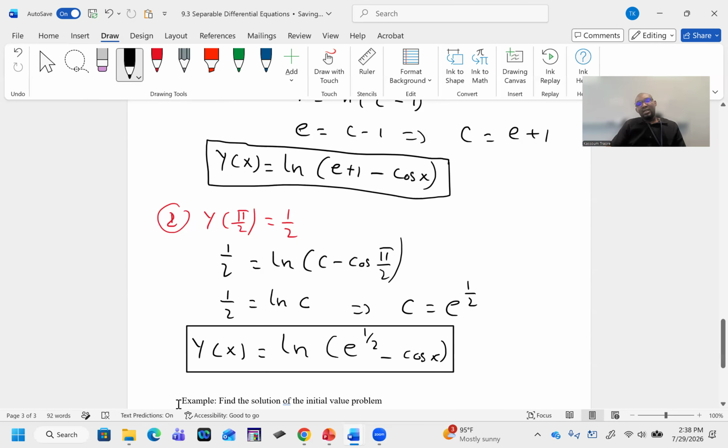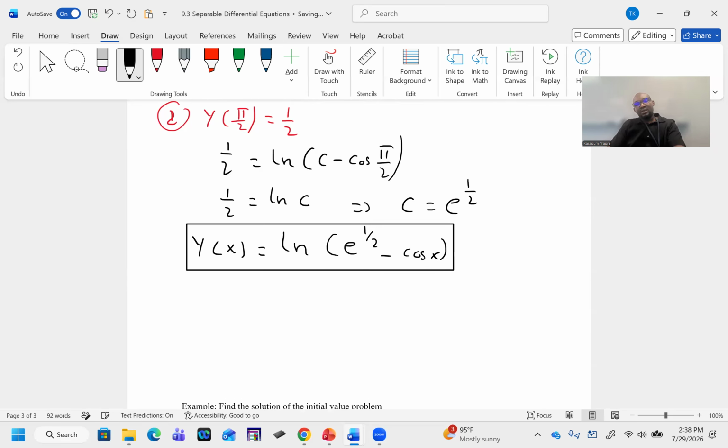And last, not the least, the third condition is what? y of pi is equal to ln of 2.